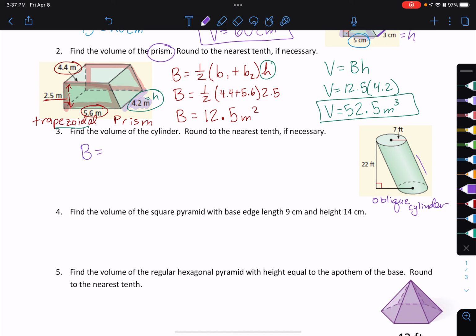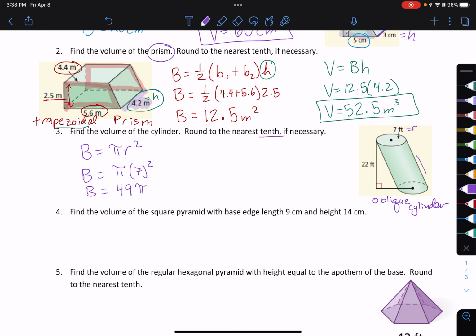So the area of the base would be pi r squared. So pi, our radius is 7. If I was writing this in terms of pi, I would have 49 pi. But it does ask us to round to the tenth, so I'm going to use that.